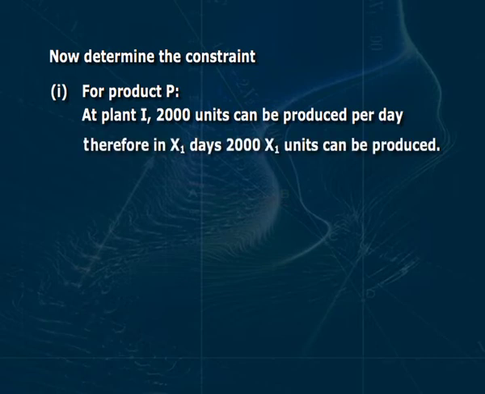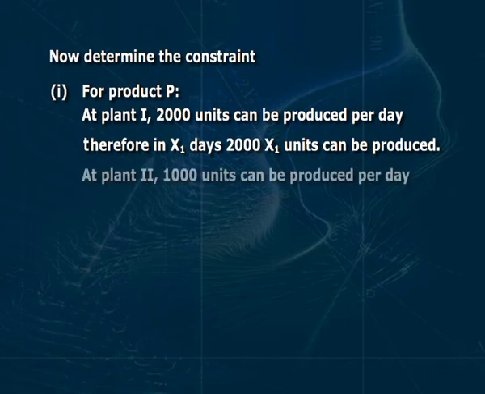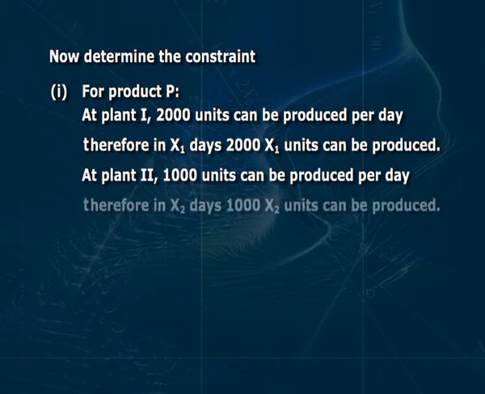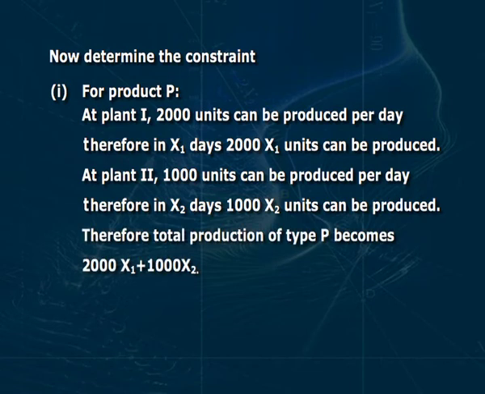Therefore, in x1 days, 2000 x1 units can be produced. At plant 2, 1000 units can be produced per day. Therefore, in x2 days, 1000 x2 units can be produced. Therefore, total production of type P becomes 2000 x1 plus 1000 x2.